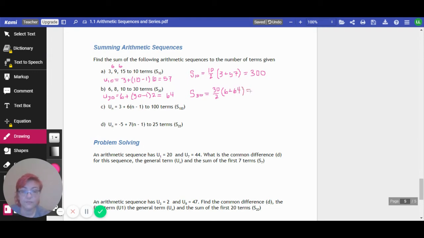Okay, so 30 divided by 2 times 6 plus 64 gives me 1,050.